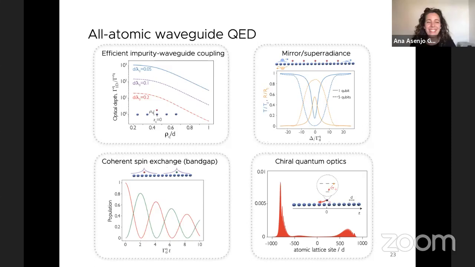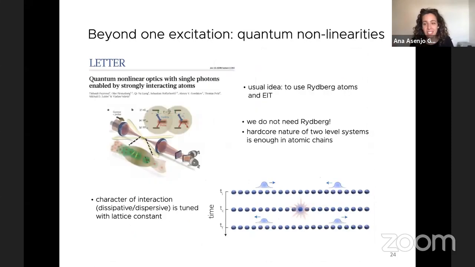Okay. So thanks for your question, because my slide completely follows, which is what happens when you have multiple excitations, multiple photons in your array. So what is the physics of this quantum nonlinearity? In general, when we want to realize nonlinearities in atomic systems, what one does is use EIT.